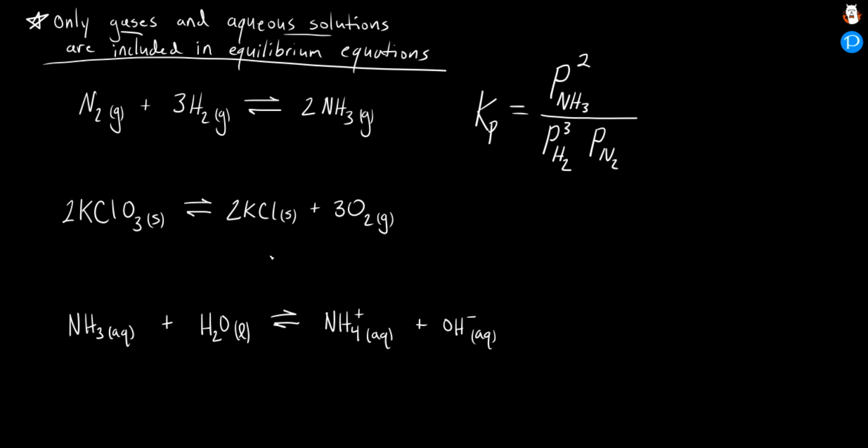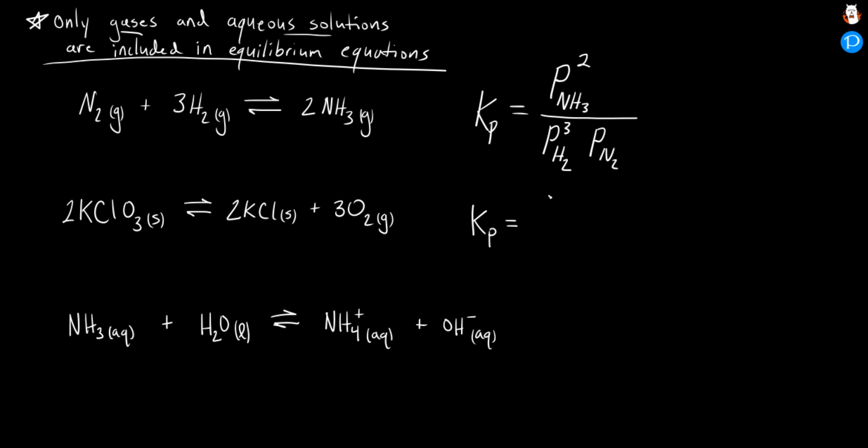For this one right here, again, I see a couple things. First of all, I've got solid KClO3. Solids are not going to be included in my expression here. And this is not going to be included either because it's also a solid. So I'm only going to have one thing in my equilibrium expression. It's going to be oxygen gas. And again, it's a gas, so I'm going to write Kp.